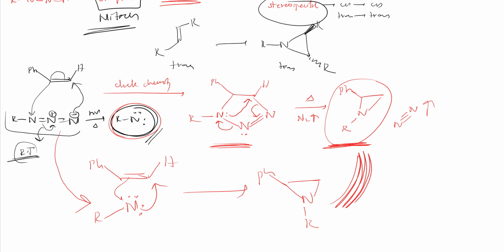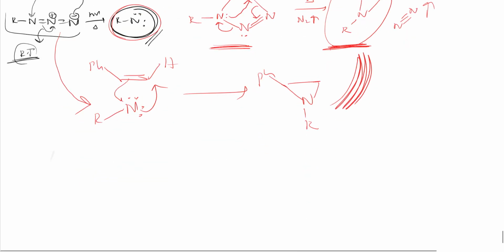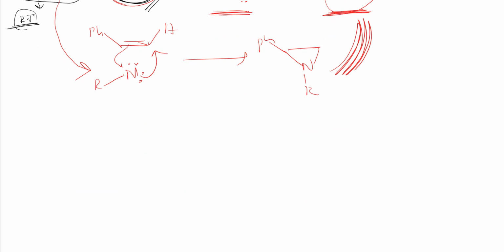This is how we do it. If we have a compound like this, we can do click chemistry followed by nitrogen removal, and we'll get that aziridine. Or initially only unstable compounds will convert into nitrene, then they will react. It is left to you, if you are doing it in the lab, based on stability you will get to know, right?